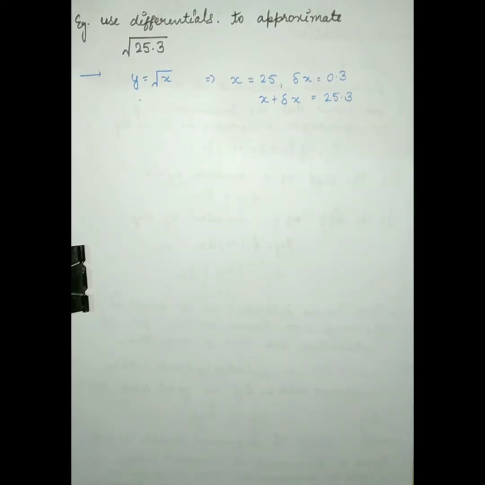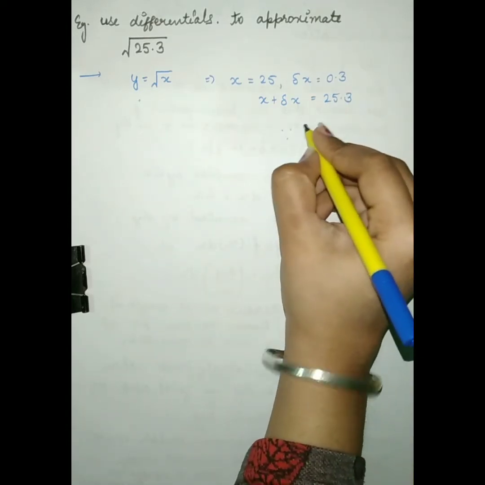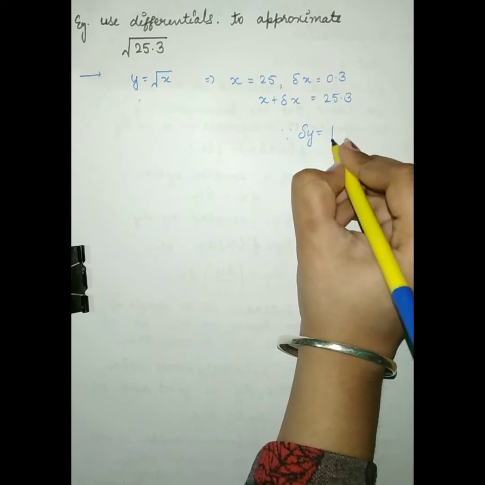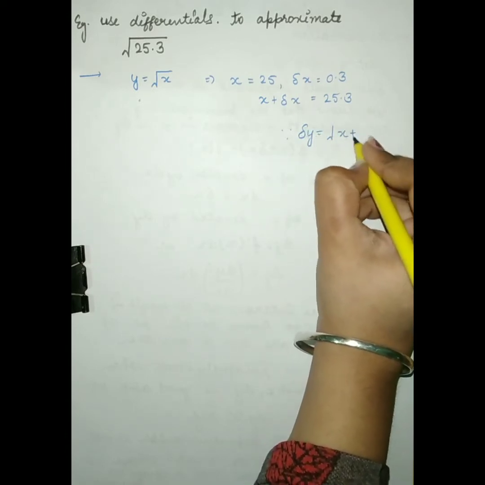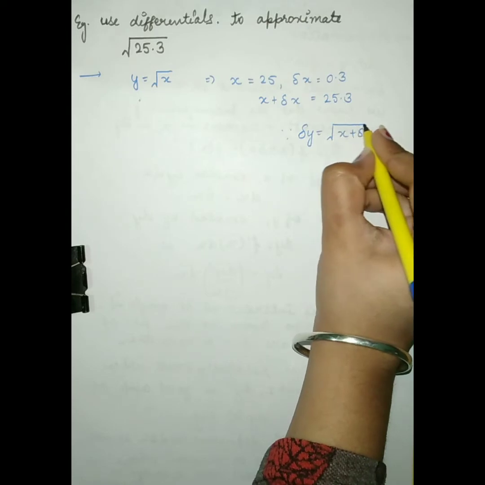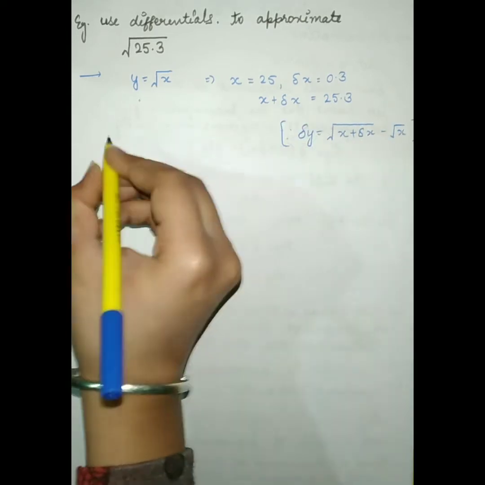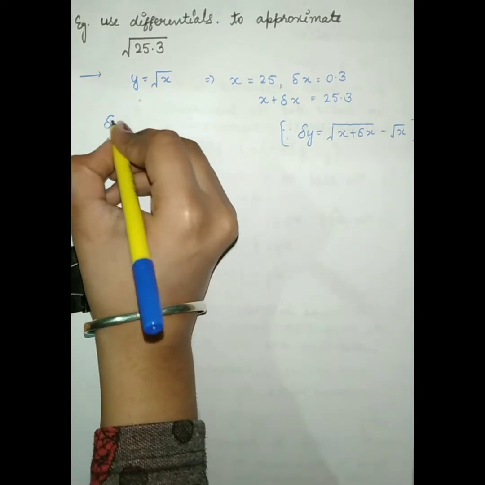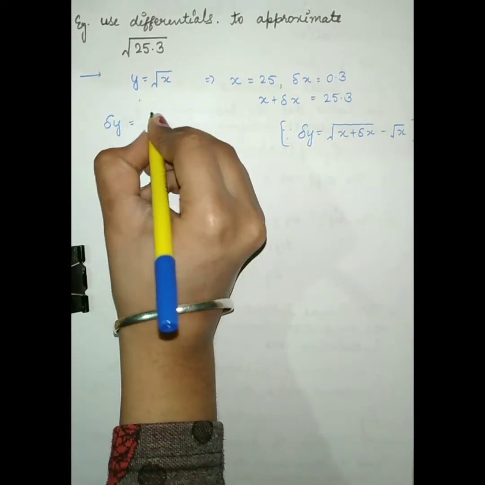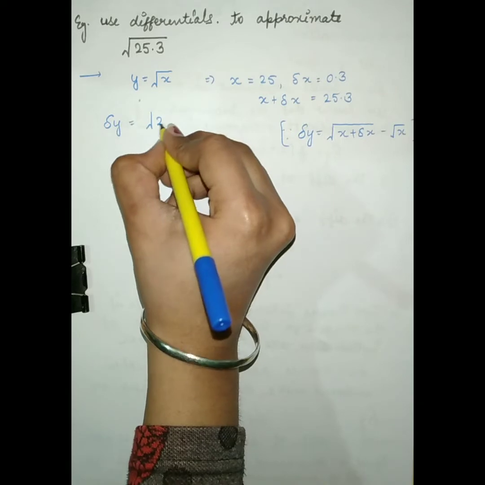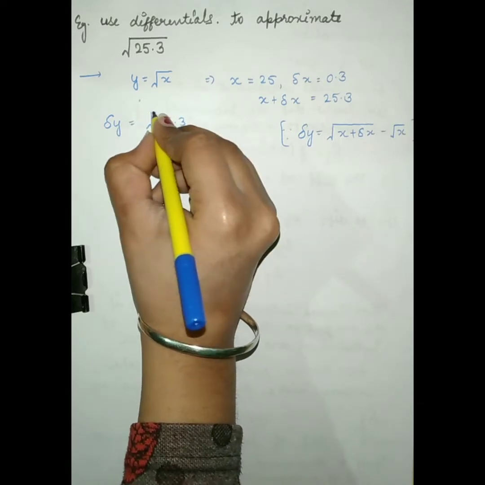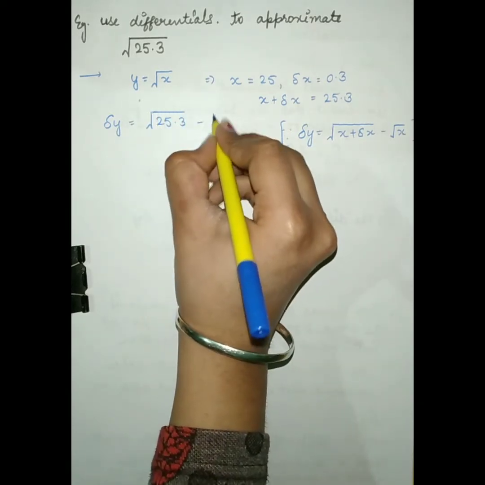25.3. And we know that del y will be equal to root of x plus del x minus root of x. That means now we will use this formula to find del y, which will become del y equals root of 25.3 minus root 25.